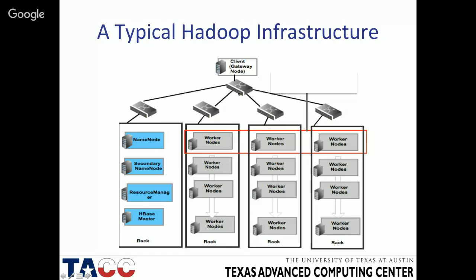And when you run the applications, the application is also submitted to the service nodes first, and then the service nodes will decide, depending on where exactly your data is stored, what resources to give for it to run your mapper and reducer processes.